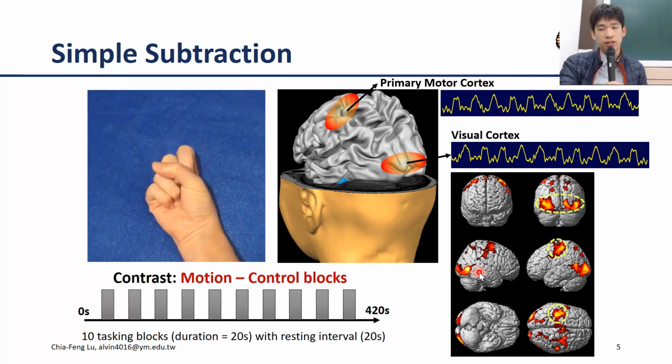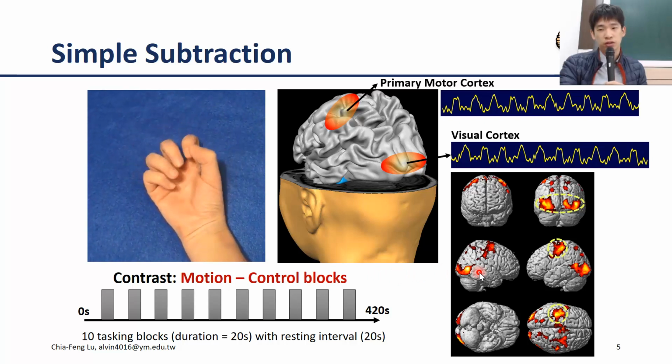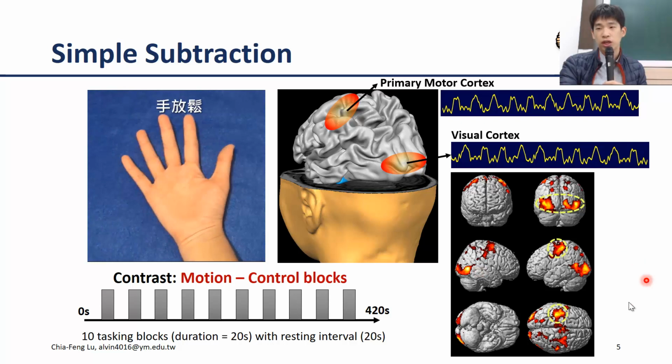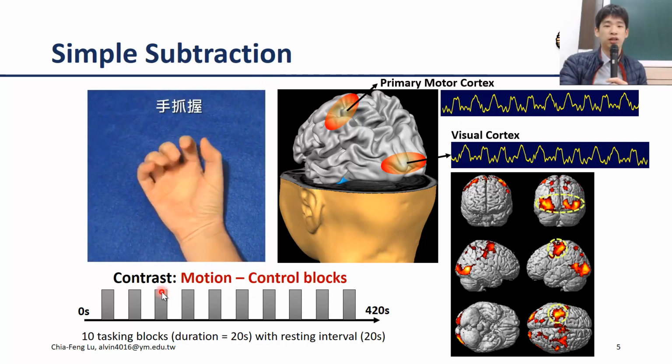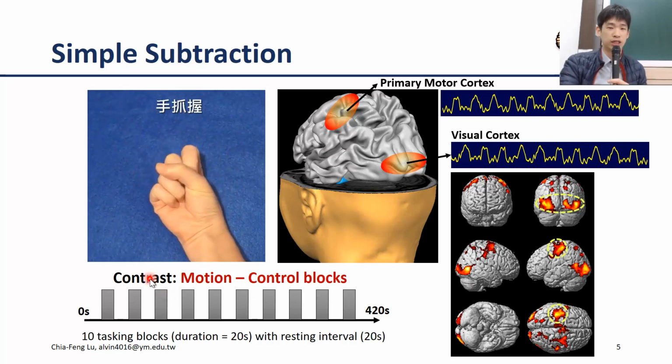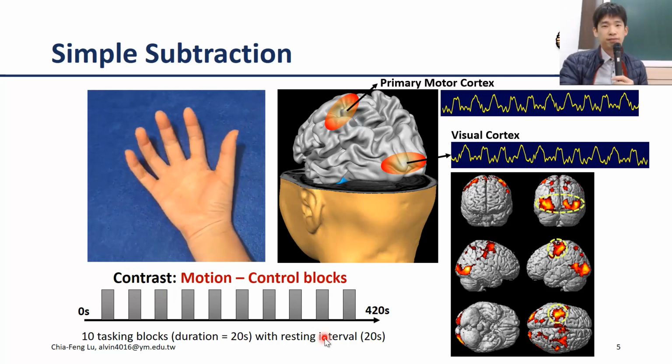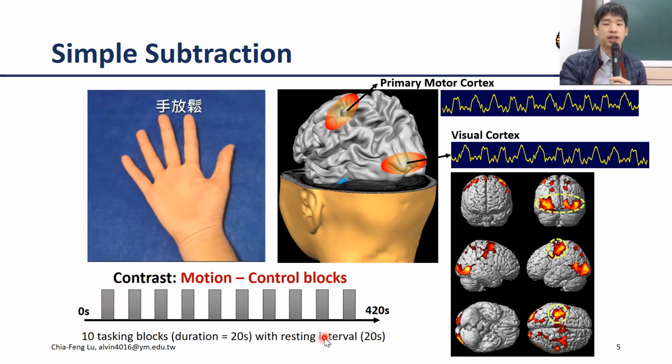If you use the right imaging preprocessing and the right statistical approach, then you can observe the brain activation map right here. This one is the primary visual cortex, okay? And this one is the left primary motor cortex. So when we say subtraction, that means we try to investigate a contrast. Okay, so this is the most simple way that we can design studies.